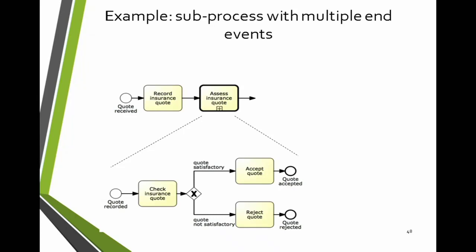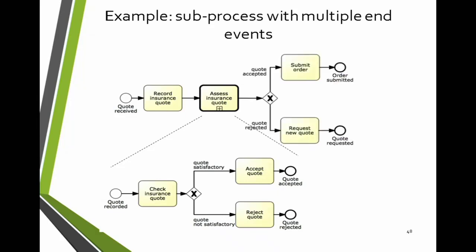You cannot just in your parent process, after the sub-process, continue without acknowledging that you had two different outcomes. I actually deem that this is a syntactical mistake if you don't do it. So the typical way to solve this is by introducing an XOR split after the sub-process with, on the arcs, the conditions that relate to the outcomes of your sub-process.